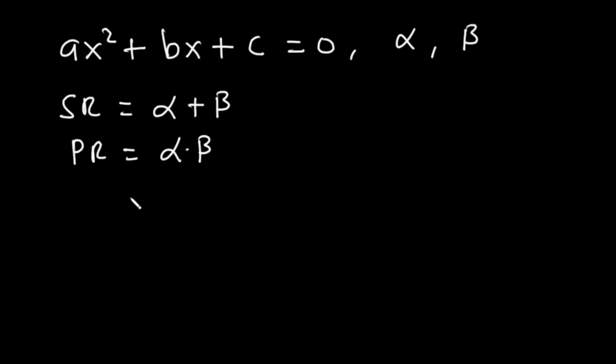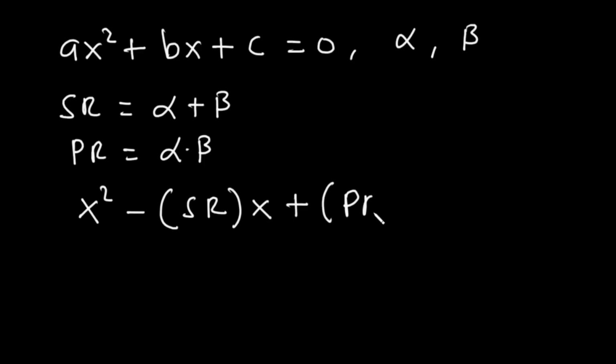So having obtained this, we can generate a quadratic equation using the formula x squared minus, into brackets, the sum of roots, x plus the product of roots is equal to 0.